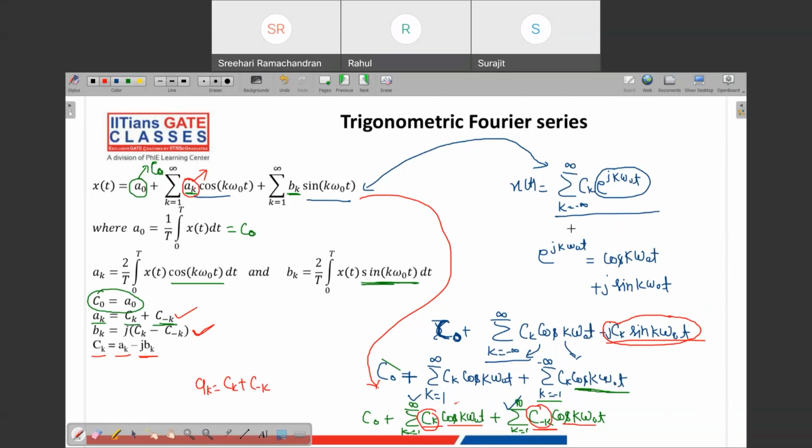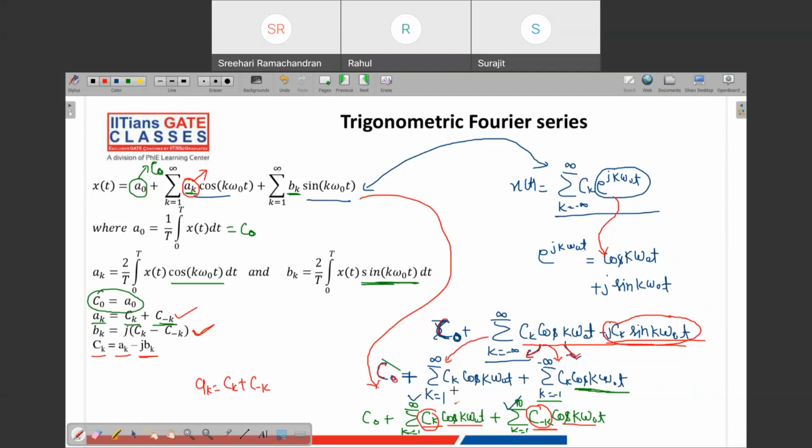Oh no. So here we have just replaced this with this and put it here, right? Yes, yes, so no issue. After that, I have written cos in two forms: one is for negative values of k, and one is for positive values. This is the positive value of k, this is the negative value of k, and for 0, I have just separated it out. This is c0.